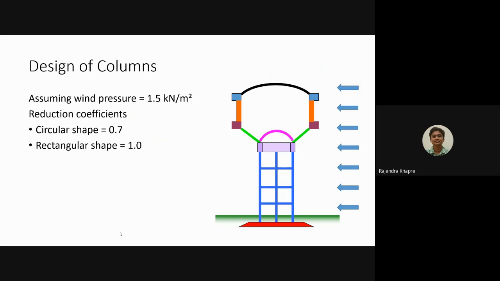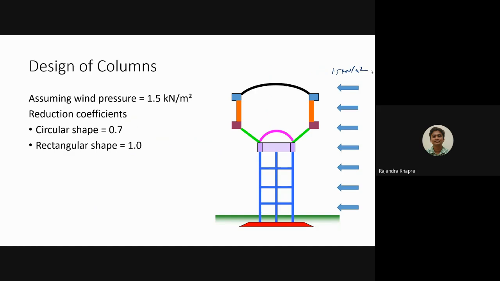As far as this problem is concerned, I am assuming the wind pressure as 1.5 kilonewton per meter square. This wind will be acting from any direction. On the right hand side figure you can see one direction is assumed.